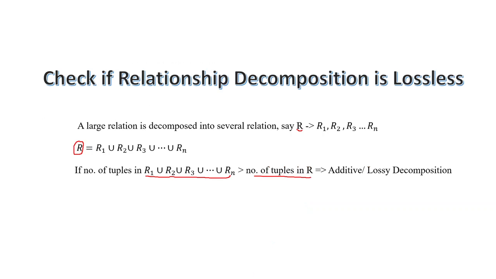Here we will learn a technique to find out whether a decomposition is lossy or lossless. If the number of tuples after joining these relations is equal to the number of tuples of the original relation R, that type of decomposition is known as lossless decomposition.